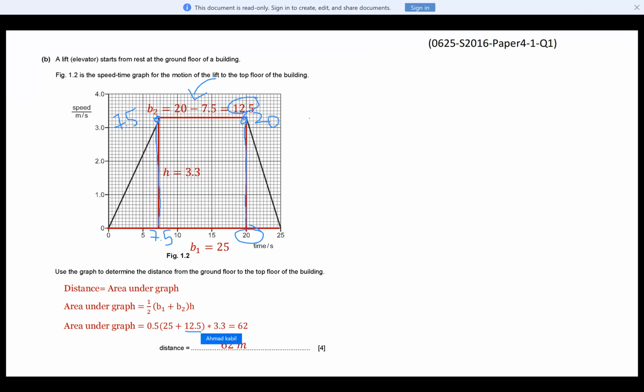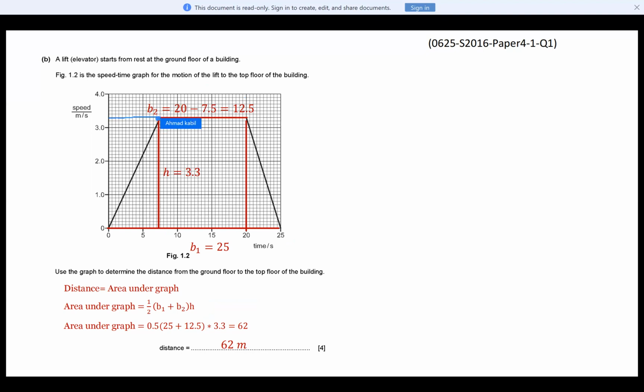And of course, B1 is simple. B1 is just simply the whole thing, so 25. And we use the formula half B1 plus B2 times H in order to get the area under the graph. The height, of course, is the Y value of the maximum point. So the height of this trapezoid would simply be the Y value here.